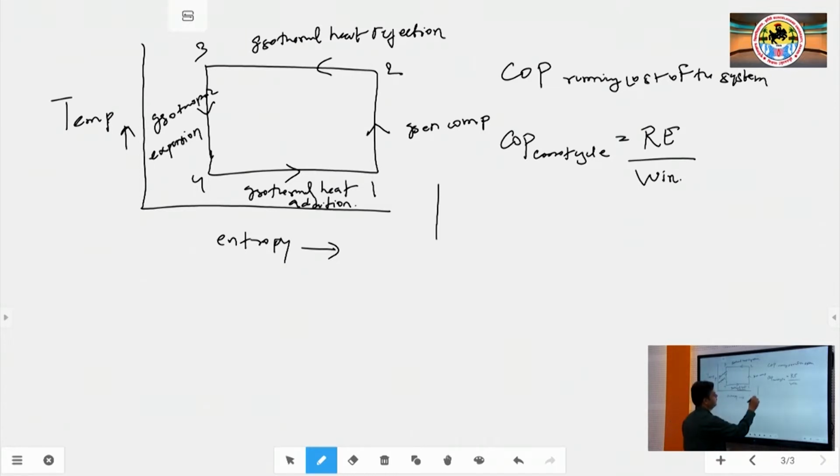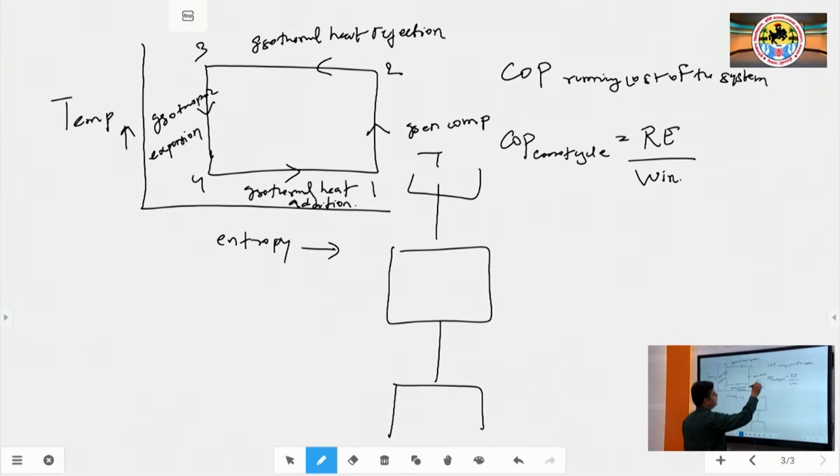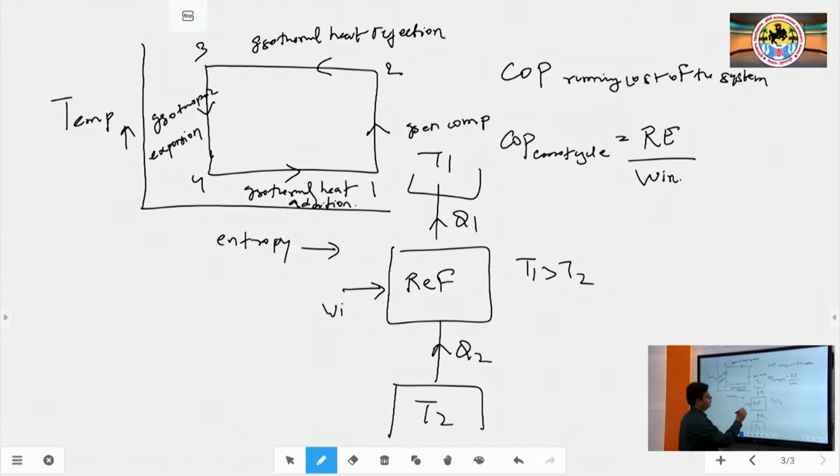Let us see the line diagram of this Carnot cycle. This is temperature T1, this is temperature T2, this is the amount of heat Q2, this is the amount of heat Q1. T1 should be greater than T2, and there is the work input to the refrigerant.